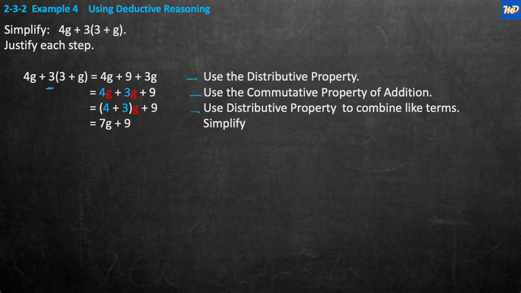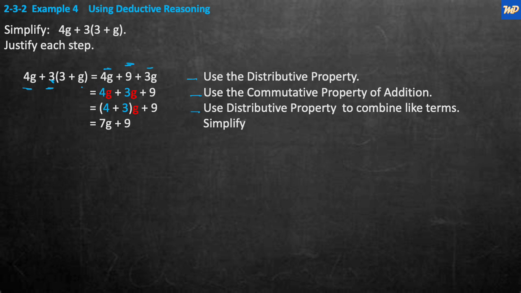When we do that, we get 4g from here, 4g right there, and then 3 times 3 is 9, there's a plus 9 there, and 3 times g here is 3g. 4g plus 9 plus 3g. And we did that by using the distributive property. We talked about multiplying this term out to eliminate the parentheses.